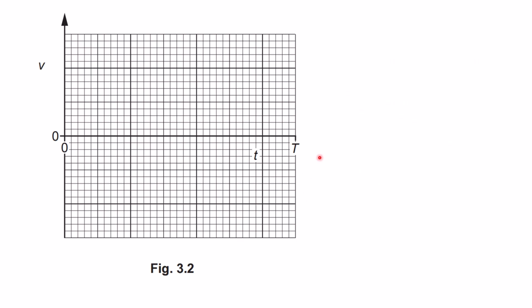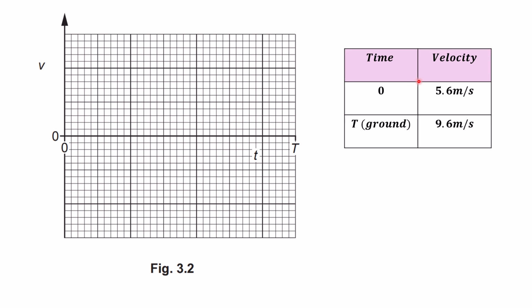This is very simple. In order to draw any graph, we need at least 2 points. So 1 point is when the time is 0, when the ball leaves the hand of the man. We know by the question the velocity is 5.6 meters per second. And we calculated the velocity when the ball hits the ground, which is 9.6 meters per second.